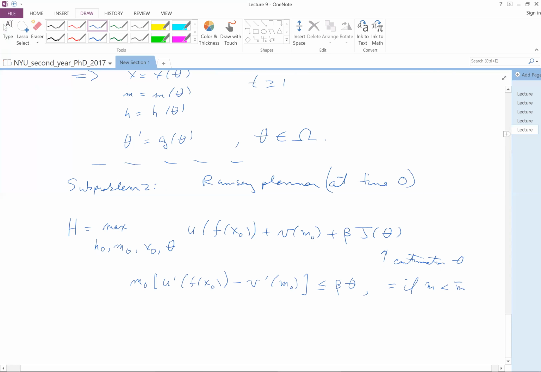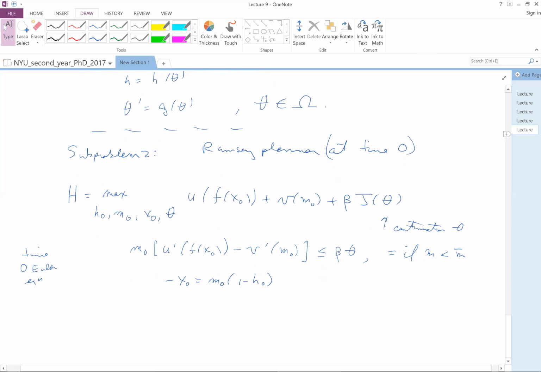This was our time 0 Euler equation. We're going to require that minus x0 is equal to m0, 1 minus h0. That's our budget constraint at time 0.